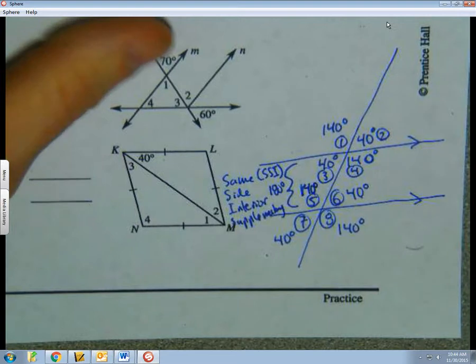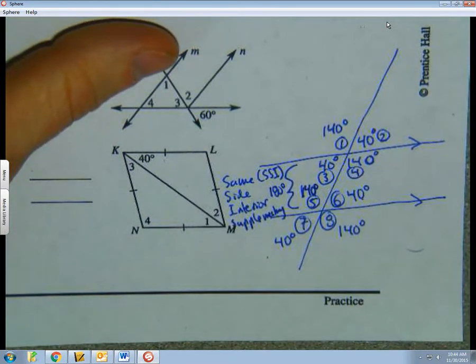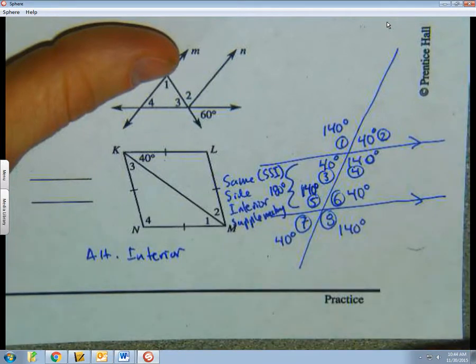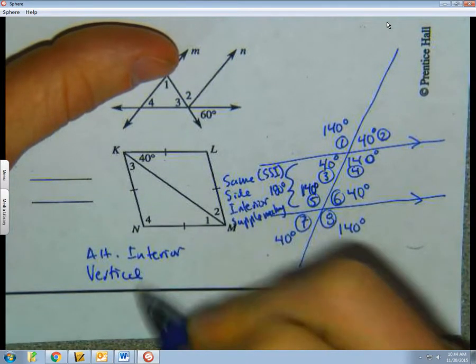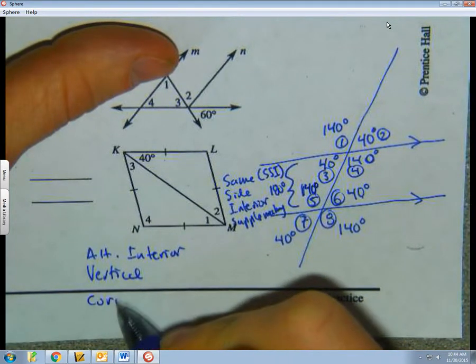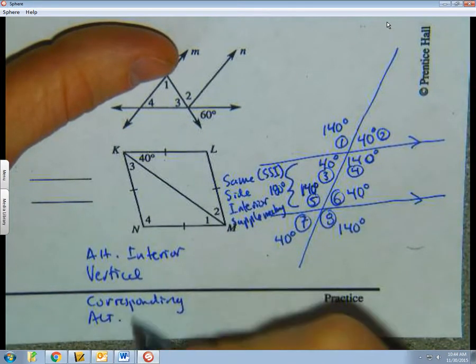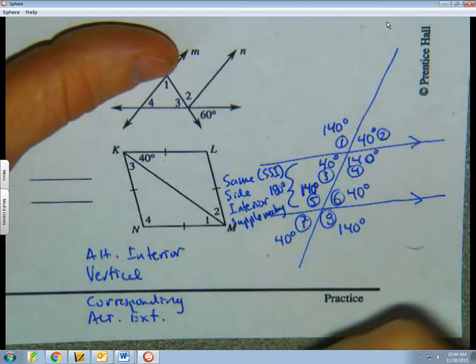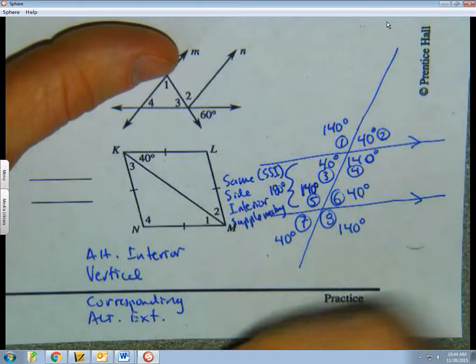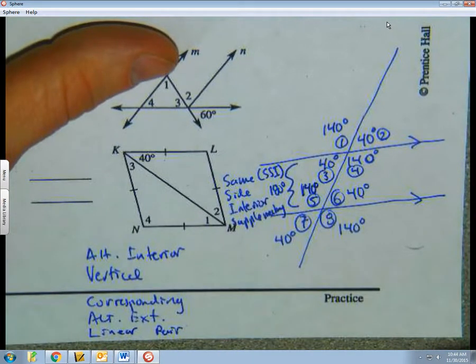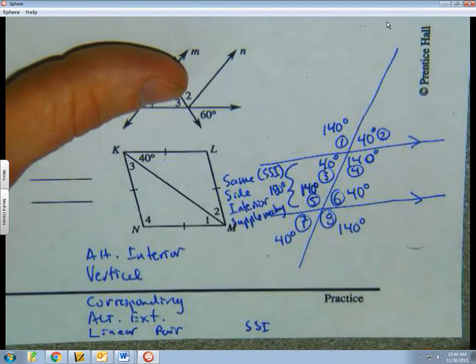Let's start listing: alternate interior, vertical, corresponding, alternate exterior, linear pair, and same side interior.